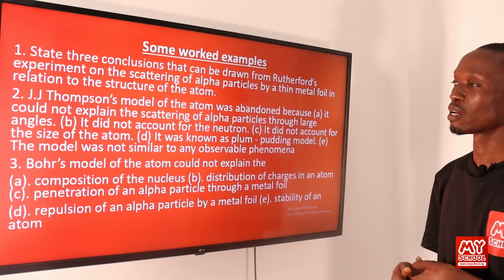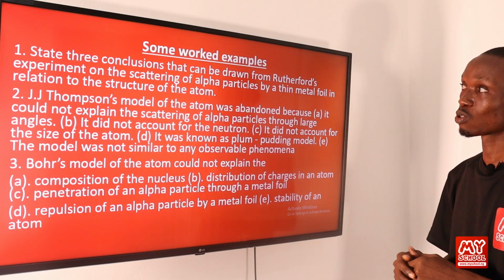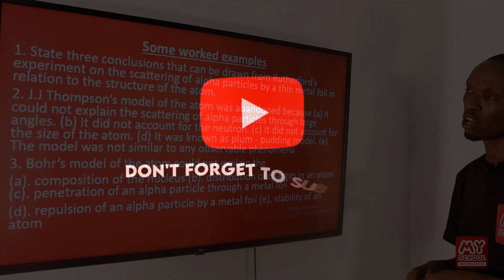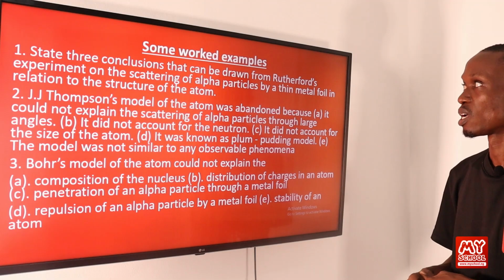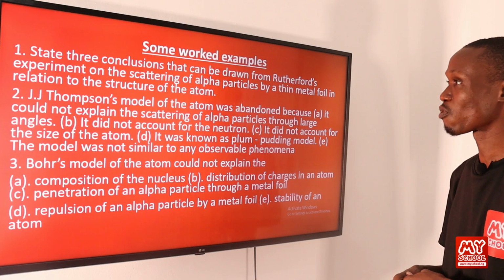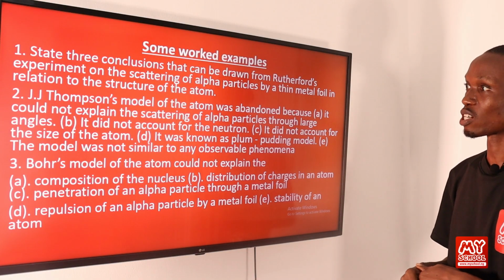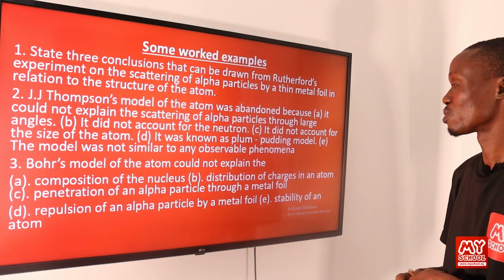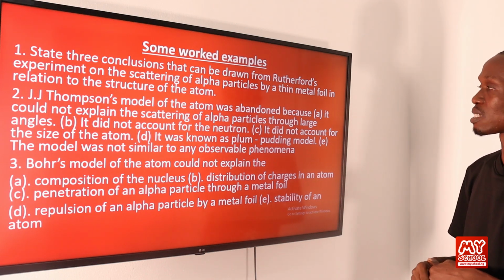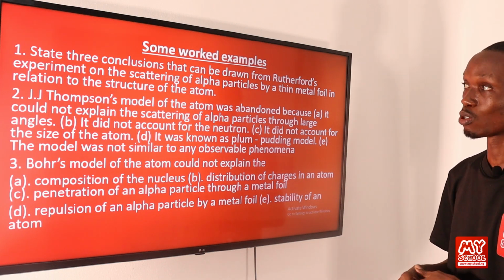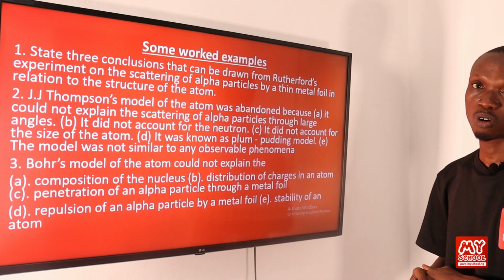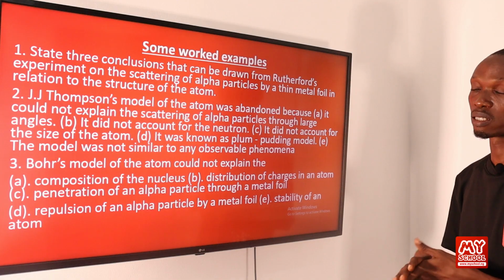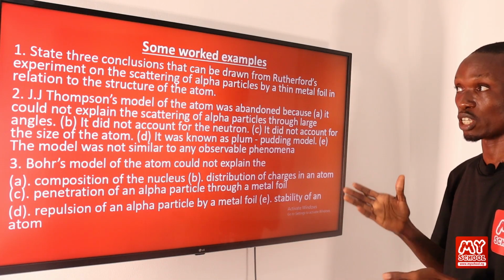So on the next slide here, we are going to be looking at some worked examples. Okay, so example number 1, here we are asked to state 3 conclusions that can be drawn from Rutherford's experiment on the scattering of alpha particles by a thin metal foil in relation to the structure of the atom. So according to Rutherford, he said that the nucleus is positively charged.